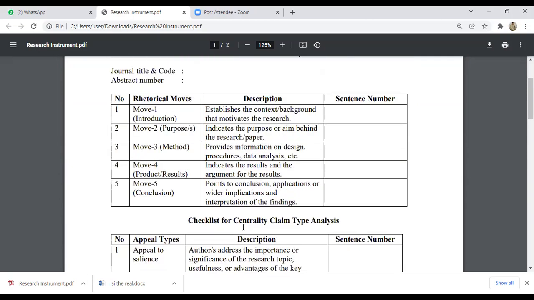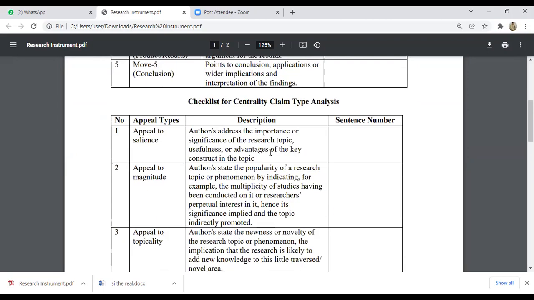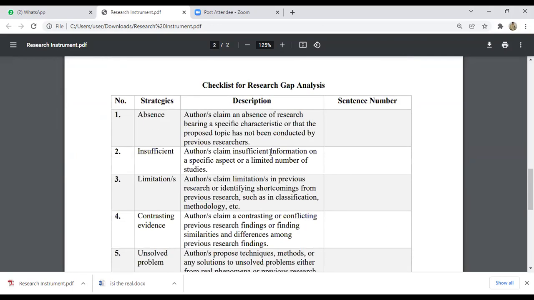And of course you will find checklist number 1. Maybe not 5, maybe only 3, maybe only 4, from the abstract. Okay, is it clear now? Yes, sir. Thank you so much.